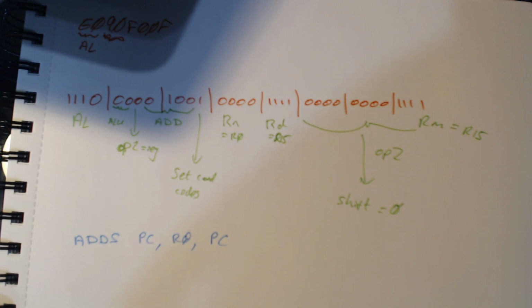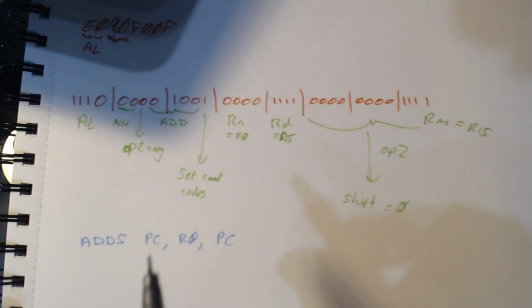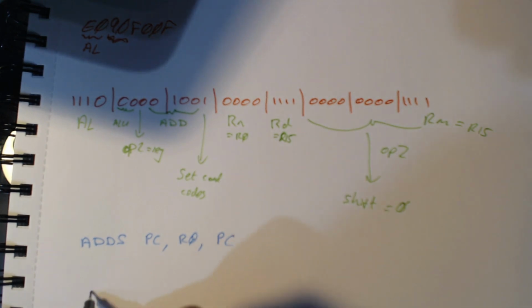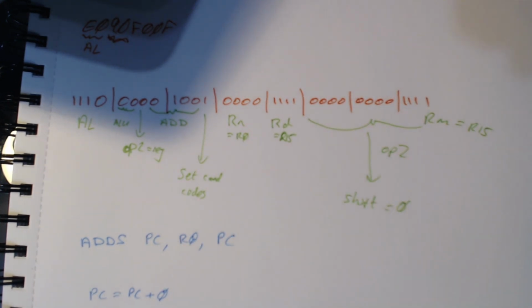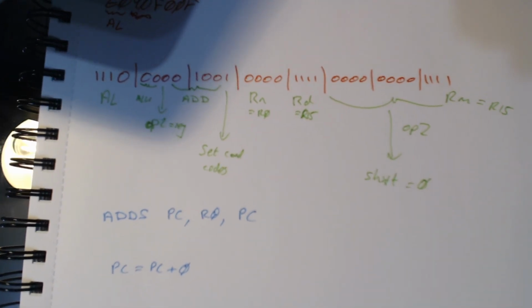So it's saying PC equals PC plus 0. But dun dun dun, PC is already PC plus 8 or 12, depending on the phase of the moon and such things.